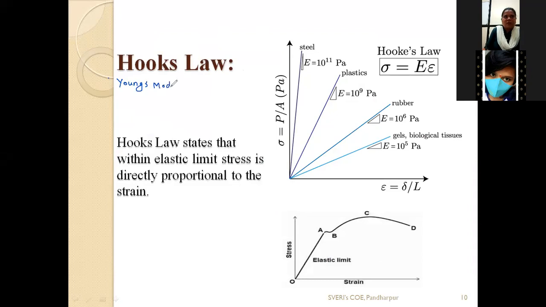Young's modulus, or this is also called modulus of elasticity.